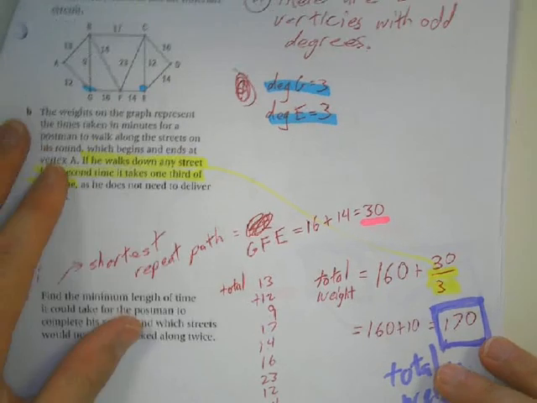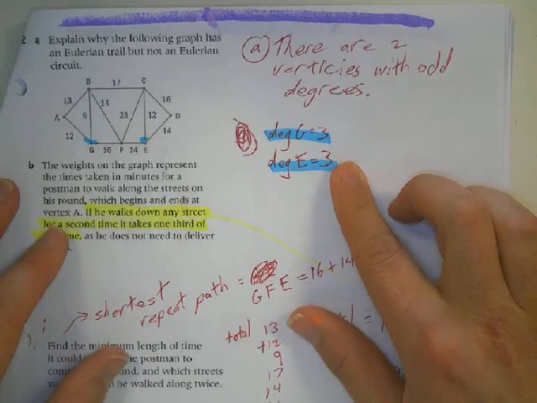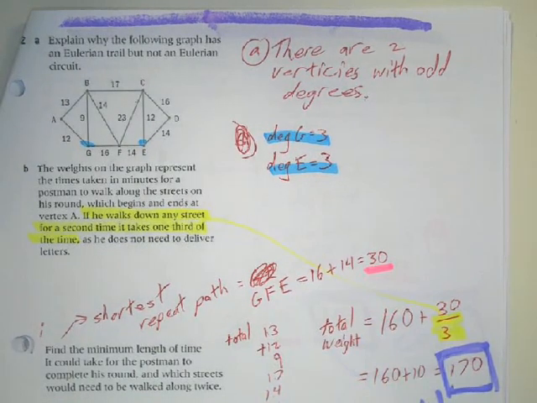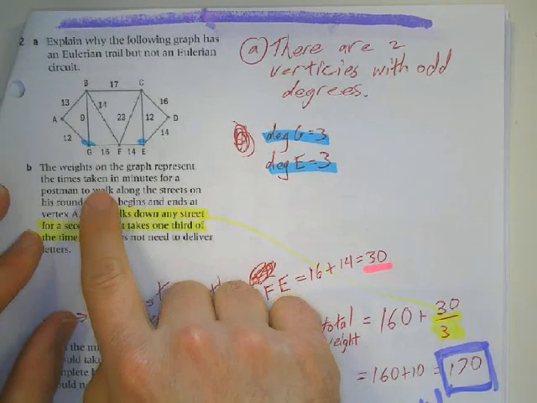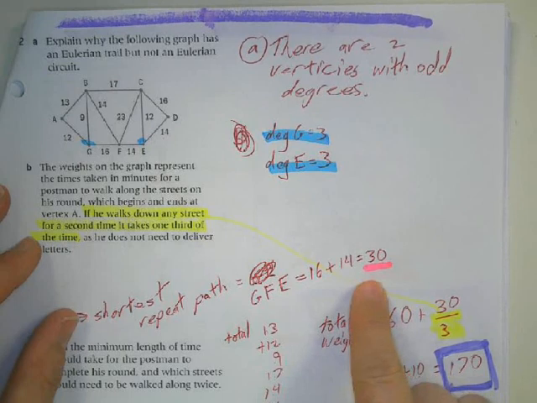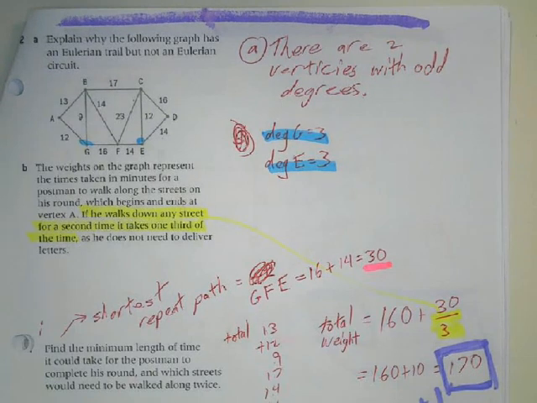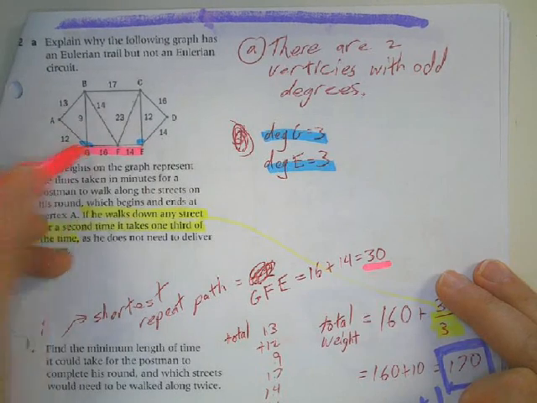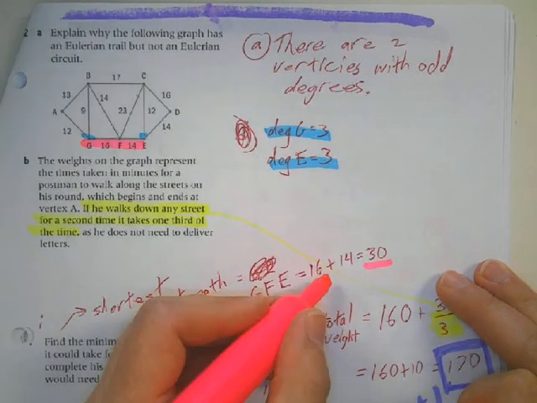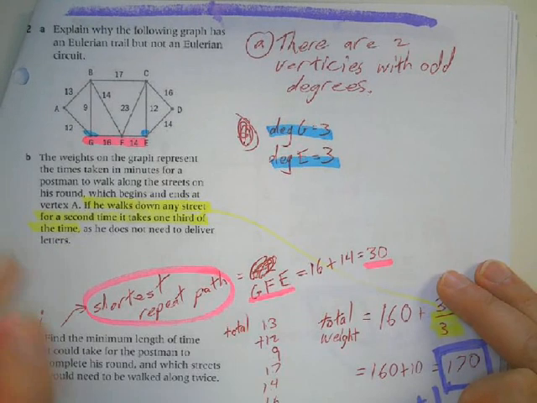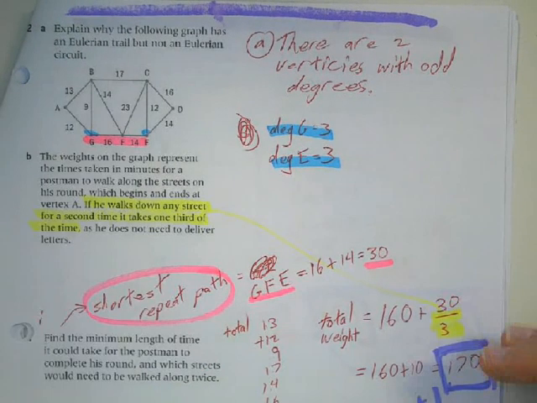Okay, the odd degrees were G and E. And the shortest path between G and E is this path, the 16 plus the 14. Our shortest repeated path is G, F, E, which is 30.